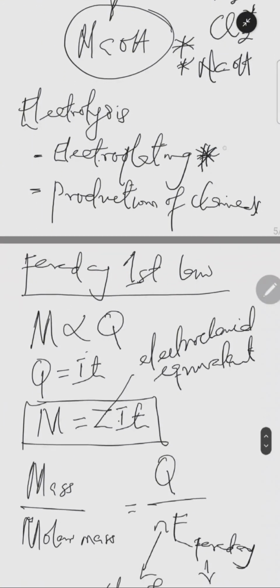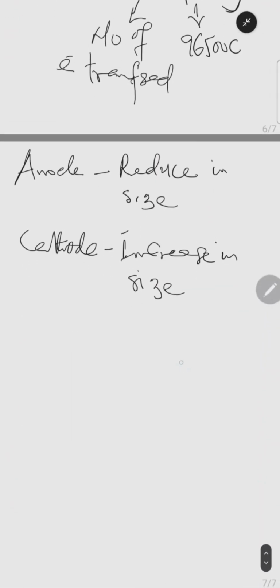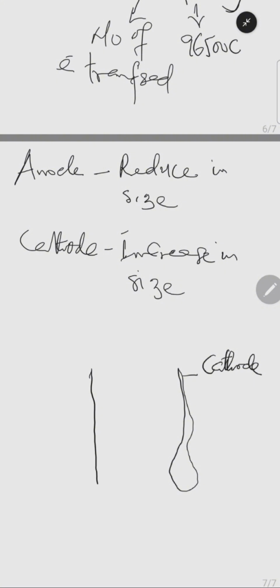Electroplating is when you are coating the surface of a metal with another metal. So if, for instance, you want to coat your spoon, you say this is your spoon. You want to coat the surface of your spoon with gold. You make your spoon the cathode, while you make gold metal the anode. Then you have your setup.